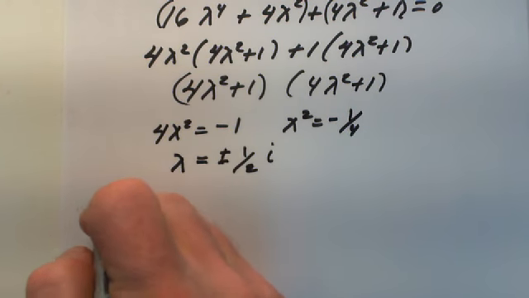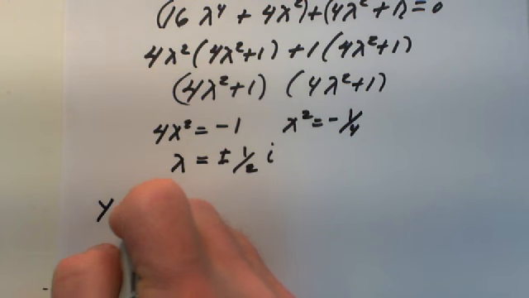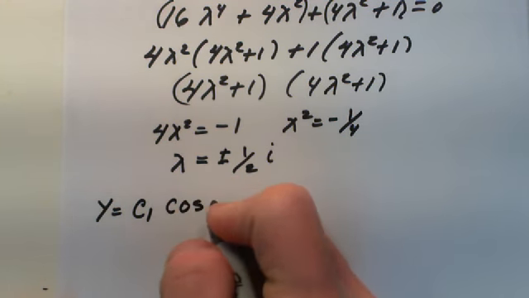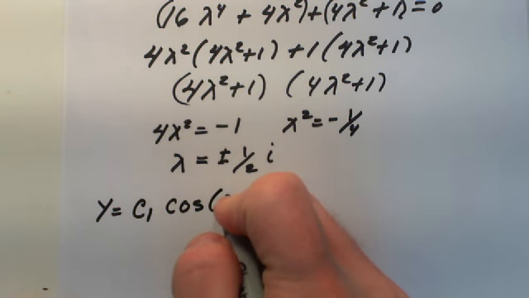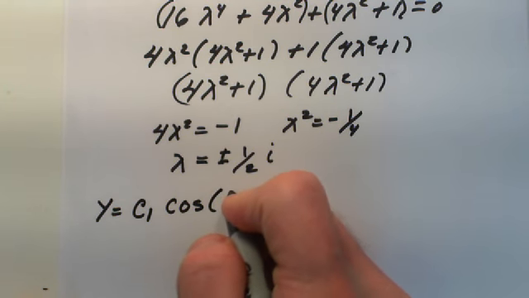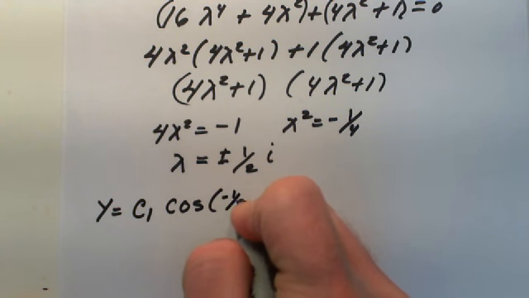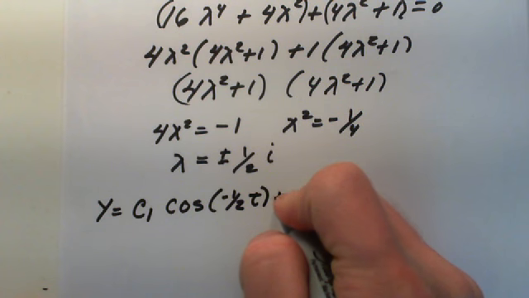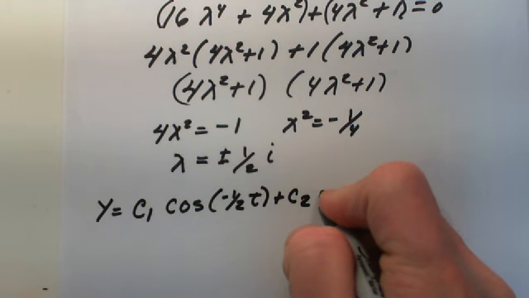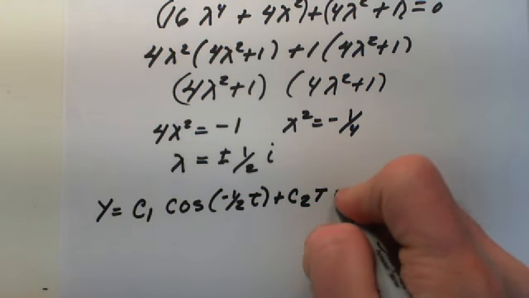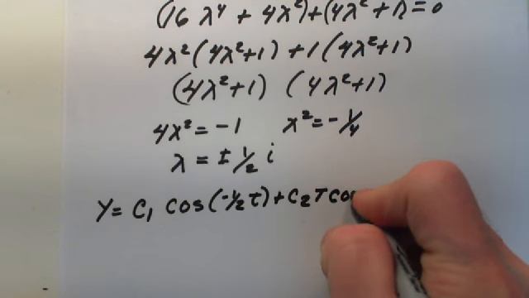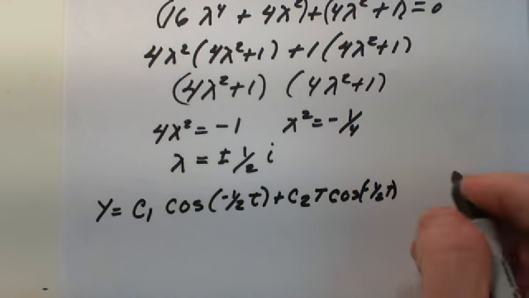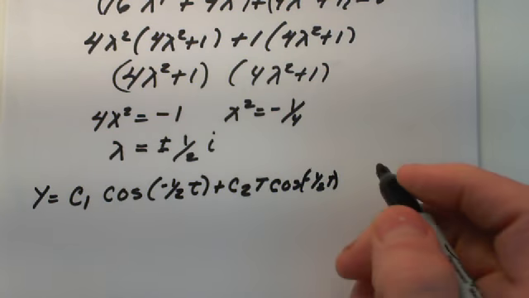So our solution is going to be y is equal to c1 times the cosine of negative 1/2 t plus c2, and we're going to bring the t down here, times the cosine of negative 1/2 t. Hopefully I can get all this in one line.